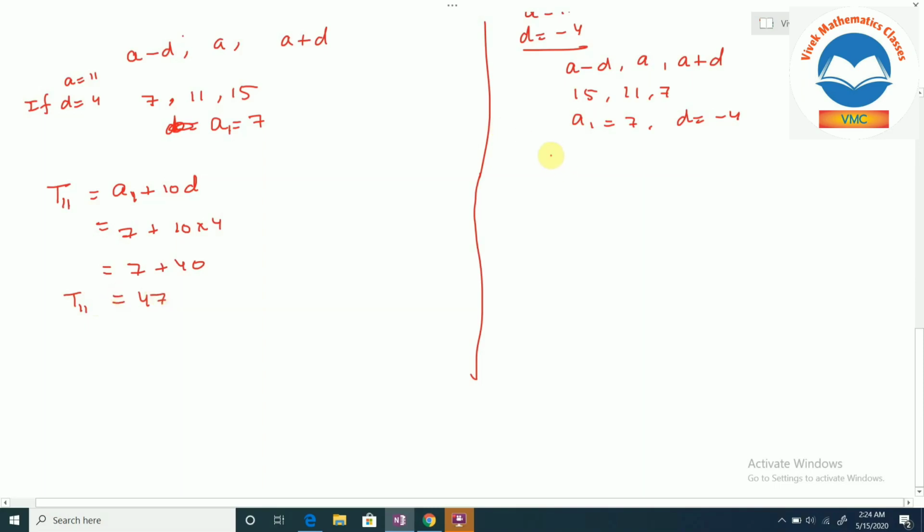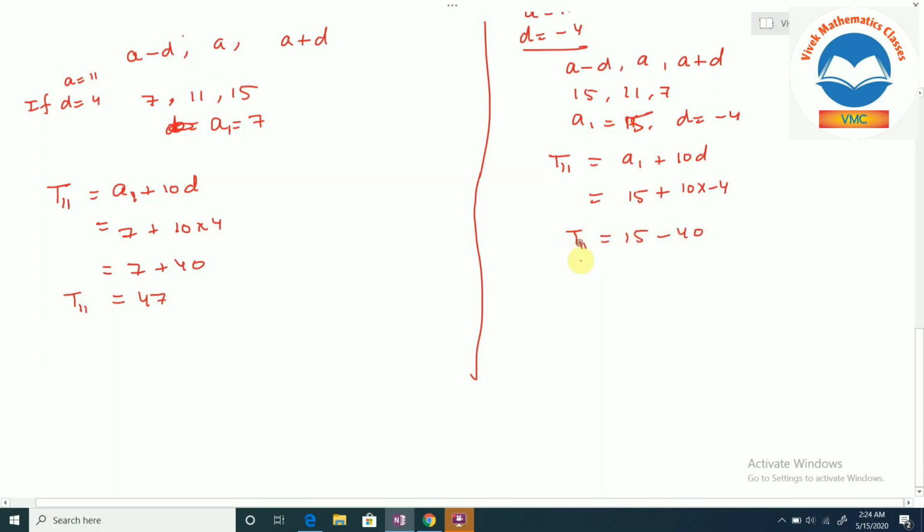In this case, what will we get? T11 will be A1 plus 10D. Sorry, in this case A1 will be 15. So 15 plus 10 into minus 4, which is 15 minus 40.